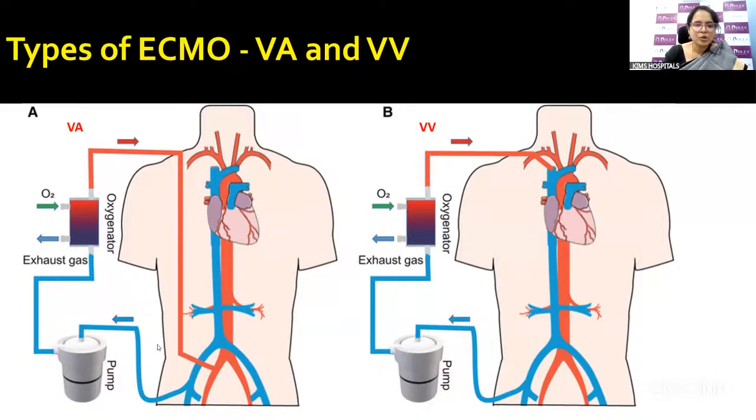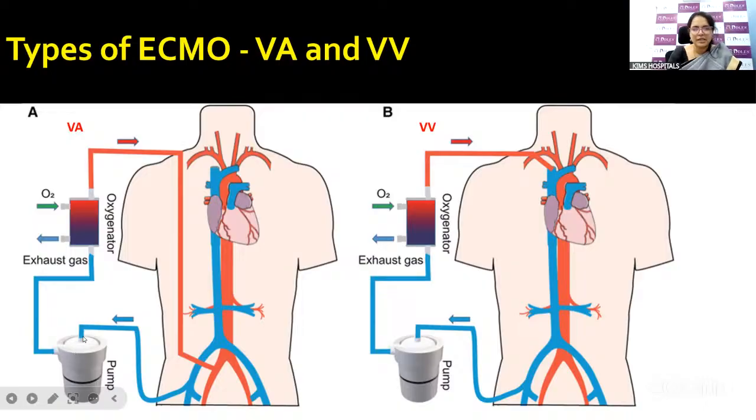So here, you can follow the venous line represented by the blue color. You have the drainage cannula that is drawing venous blood, represented by the blue line, and that then passes through the pump, where the purpose of the pump is of course to make blood flow through the oxygenator and back into the body.